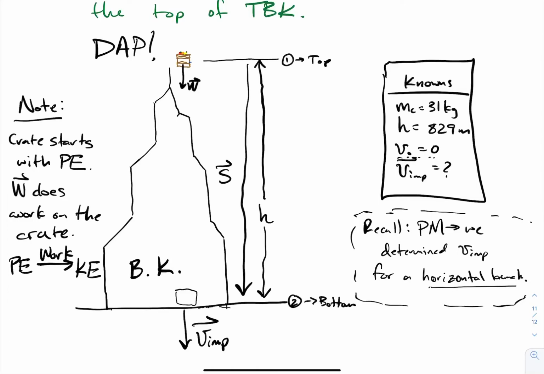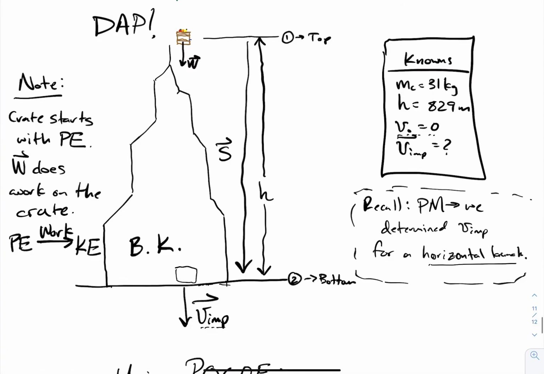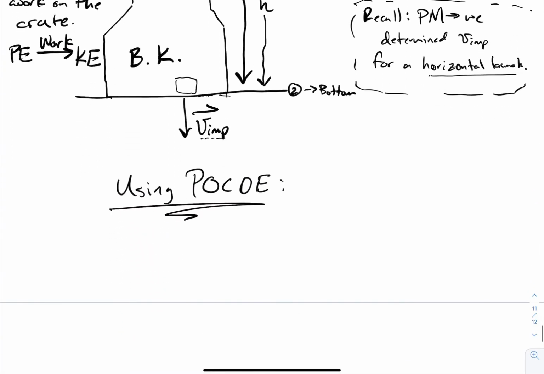And by the time it gets to the ground, just an instant before it collides with the ground and new external forces do new work on the crate, all that potential energy will have been converted to kinetic energy, and that's represented by the velocity that it has at the bottom. So that's our thought process. We're following the energy and the energy transformation.